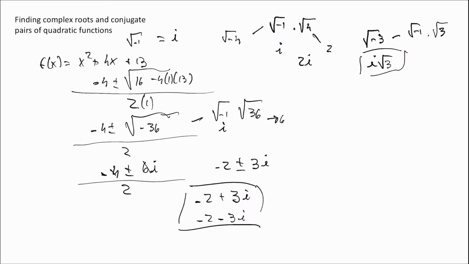I will be able to cross out the i's, and then I will get my standard form back. So this is really interesting. Every complex root that you find when you're finding roots of a quadratic equation, they will always be conjugate pairs. So then when you multiply them, you will be able to cross out your imaginary numbers and then get normal numbers, real numbers, back again.